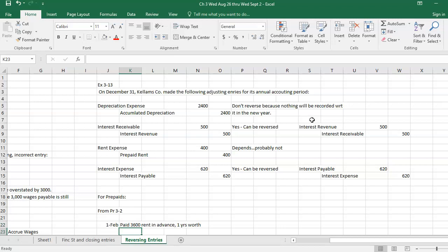Okay. And then we did it, so it was $3,600 divided by 12 months. That was $300 a month. And February, March, well, 11 months have gone by.